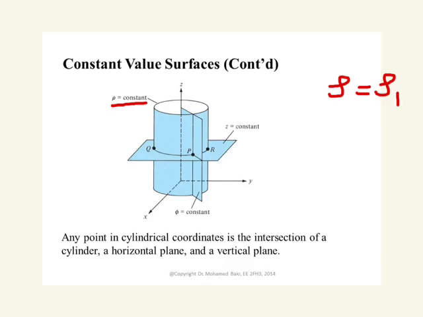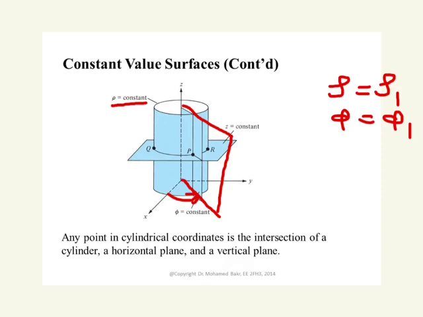Now, when we say phi is equal to phi1, because phi is defined as the angle between the projection of the point on the xy plane and the x-axis, the constant phi surface here is really a plane. I'm trying to extend that plane a little bit here.